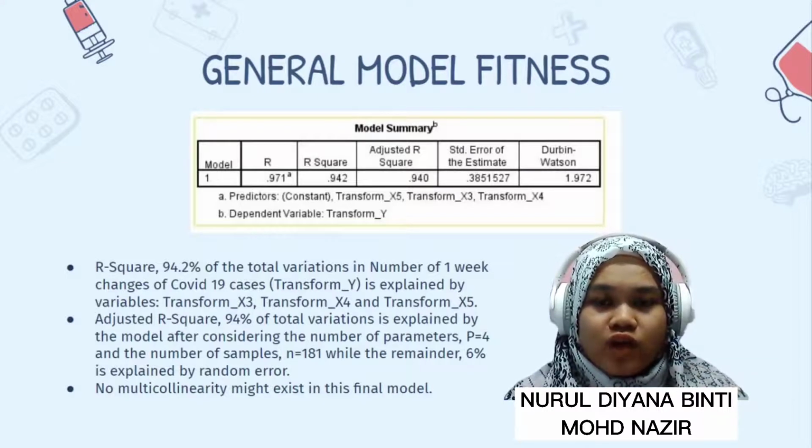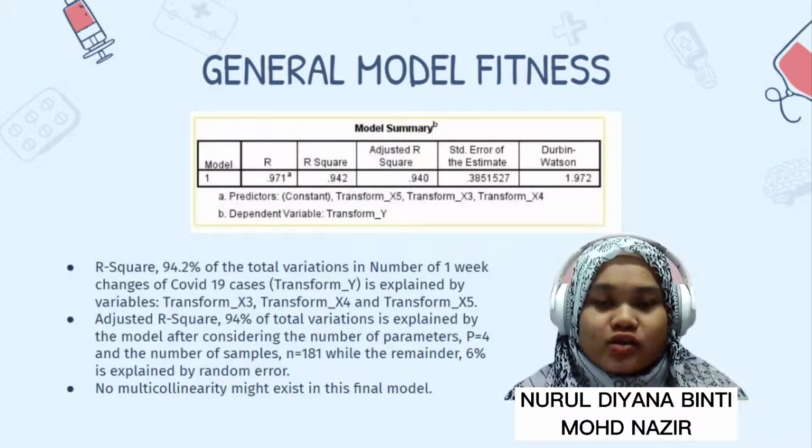First, the R-square value is 0.942, so we can conclude that 94.2% of total variation in number of 1 week change of COVID-19 cases is explained by all the predicted variables.